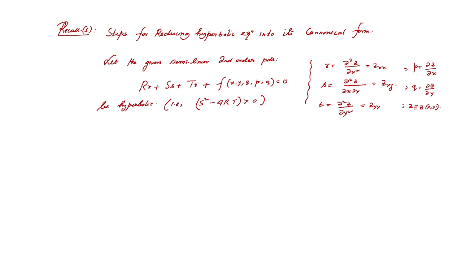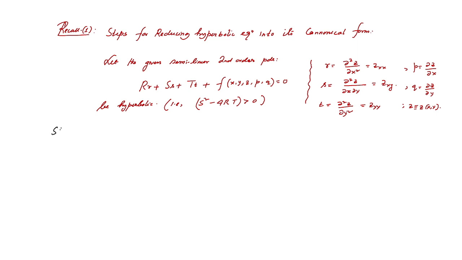So two independent variable x and y, and z is the dependent variable. So now in that case, if the semilinear second order PDE is hyperbolic, then how to reduce the second order PDE to the canonical form?